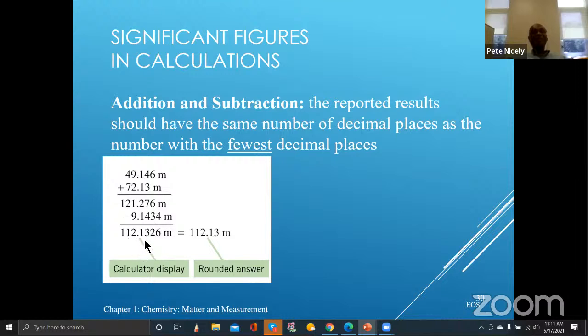So you need to round off this final answer to the lowest number of decimal places involved in the calculation, which is 2 decimal places. Therefore the correct answer to reflect the correct level of precision would be 112.13, all right?